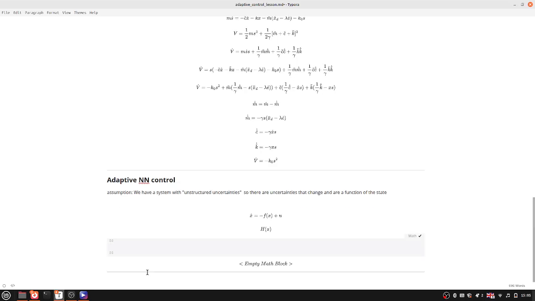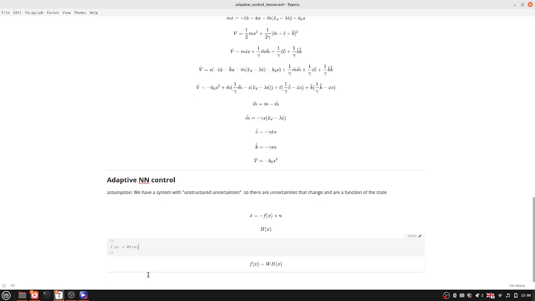And what we do to solve this problem, this is a first order problem obviously, is we basically say our unknown function f of x is equal to a constant set of weights. So this is a vector, a column vector perhaps, of weights multiplied by our basis vectors.